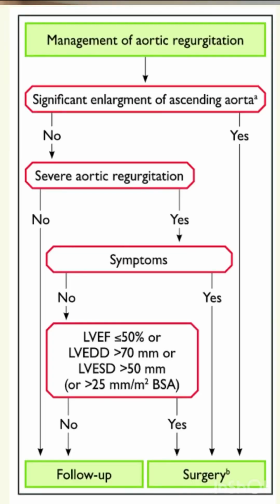In acute AR, the occurrence of pulmonary edema is very early, and these patients are very sick and need prompt surgical correction, otherwise the mortality remains high. In chronic AR, if it is detected early and operated early, the prognosis is good.